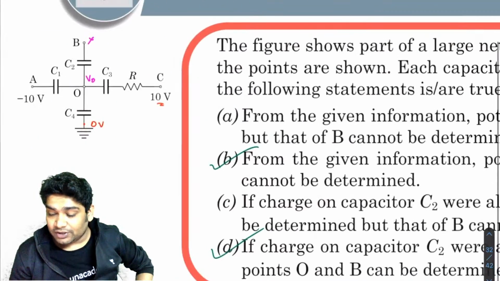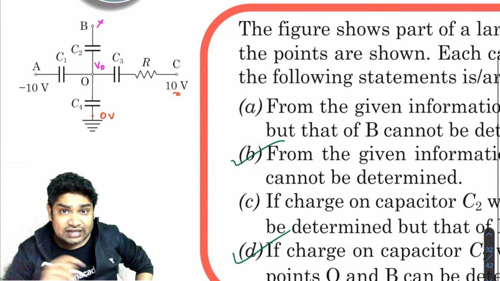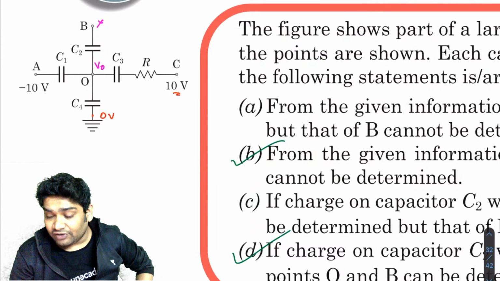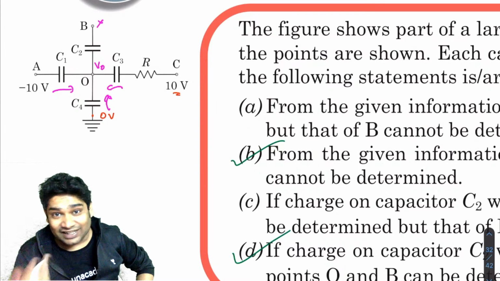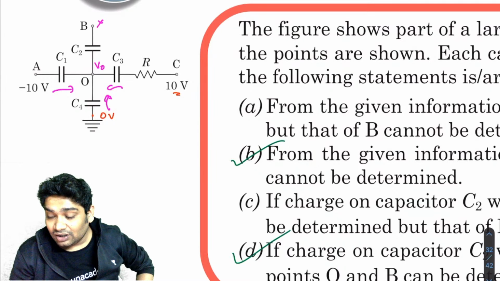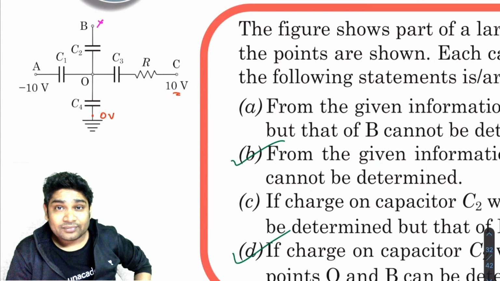I only know the potentials of these points. So if I knew the charge on one capacitor, then I would have been able to figure out what the potential change would have been across a capacitor, and hence I would have figured out the potential of O, right?